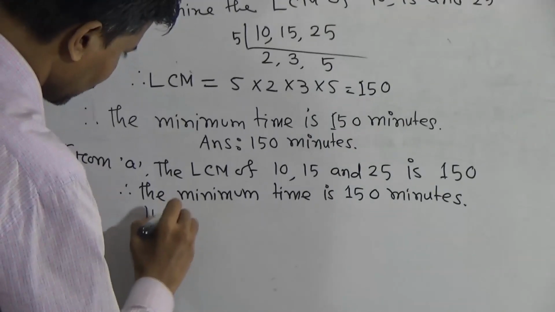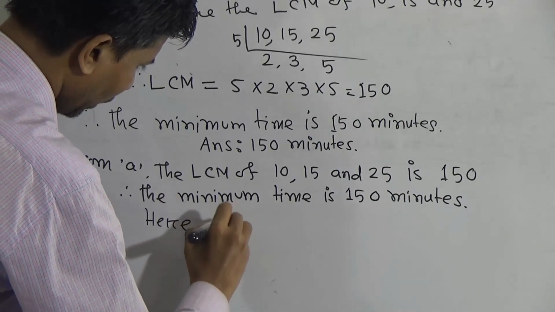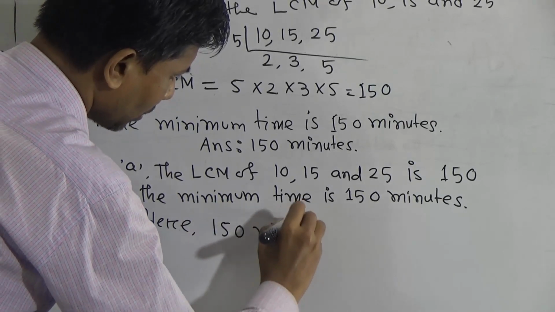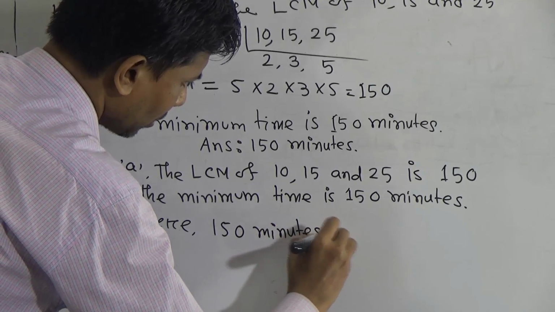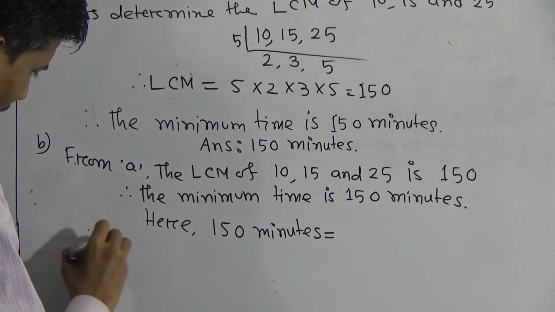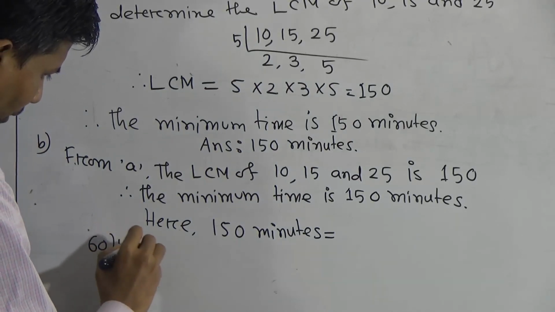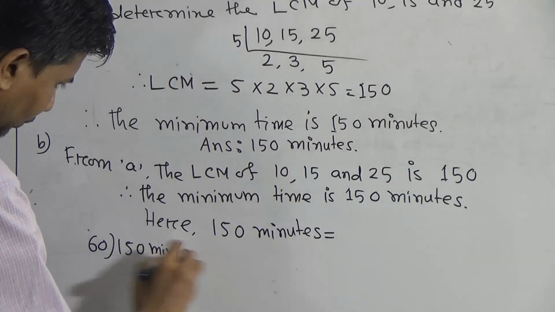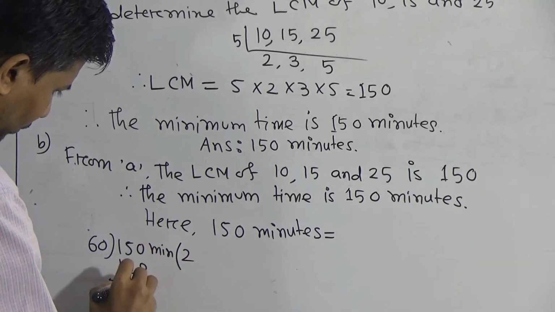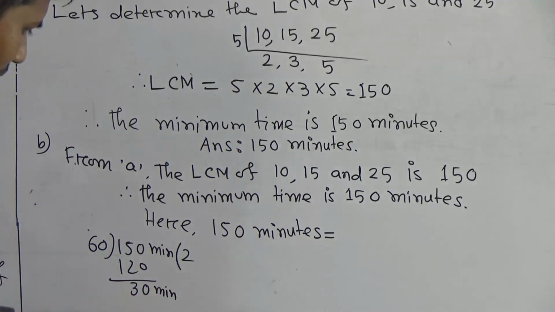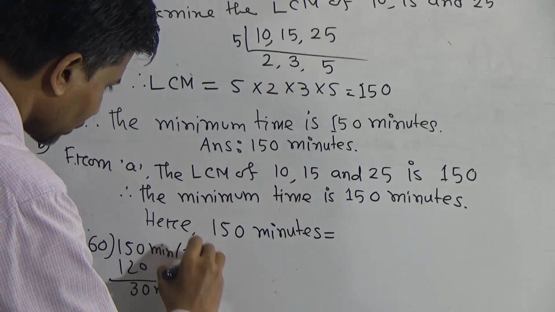Here 150 minutes equal to what? We know 60 minutes equal to 1 hour, so divide 150 minutes. That means 30 minutes and this is 2 hours.